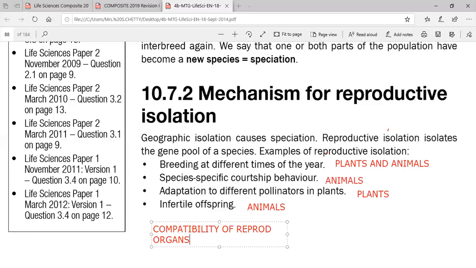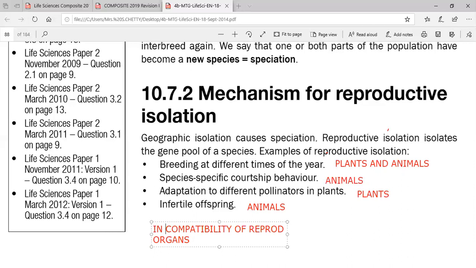So with incompatibility of the reproductive organs, they cannot mate with each other because their reproductive organs are not suited for that particular fit for sexual reproduction. So that becomes a barrier for reproduction.